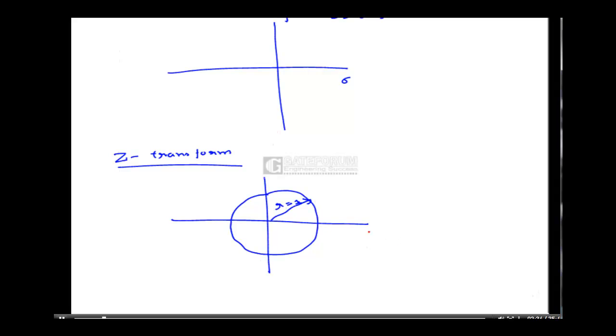I will see the stability and causality with respect to this unit circle. Unit circle in Z transform corresponds to the j omega axis in Laplace transform.